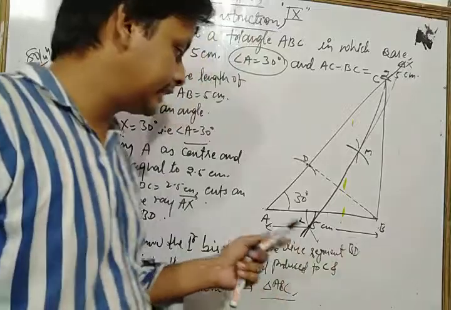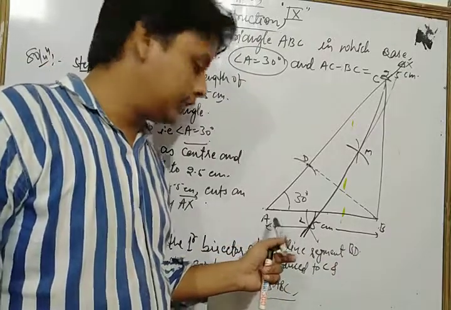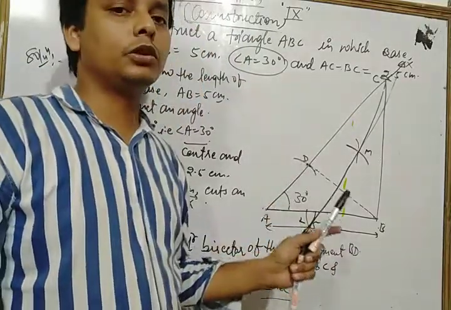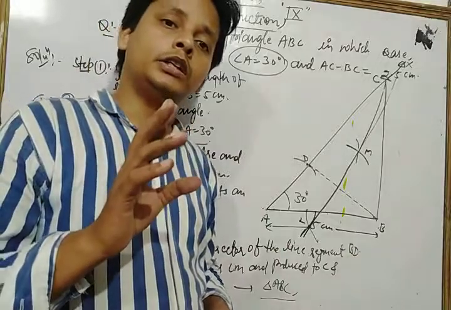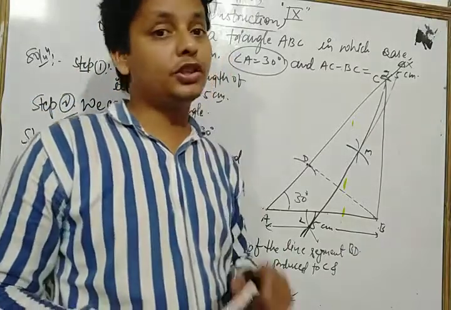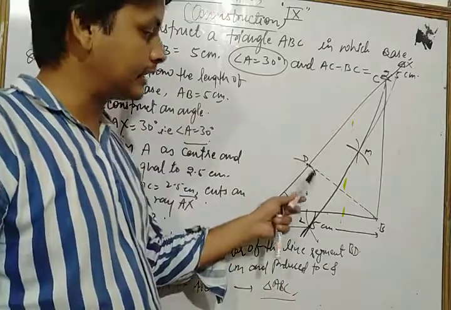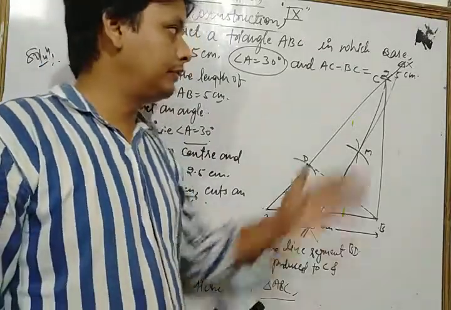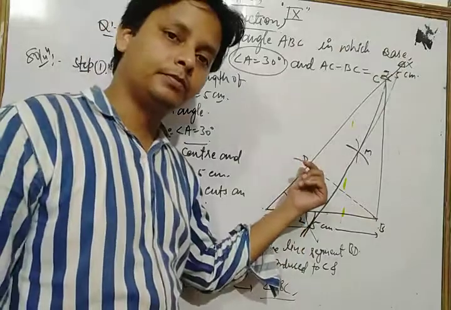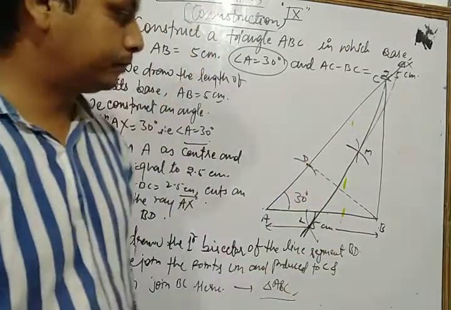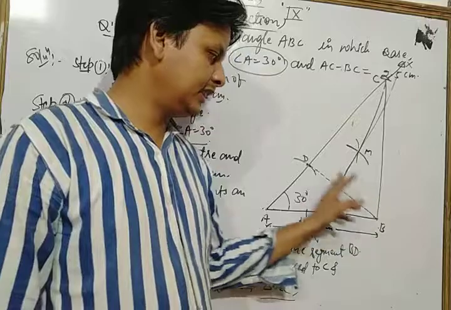After that, taking A as center and distance equal to the difference between the other two sides, which is given in our question, we take the same length and cut an arc which cuts the ray AX at point D. Now we join BD.